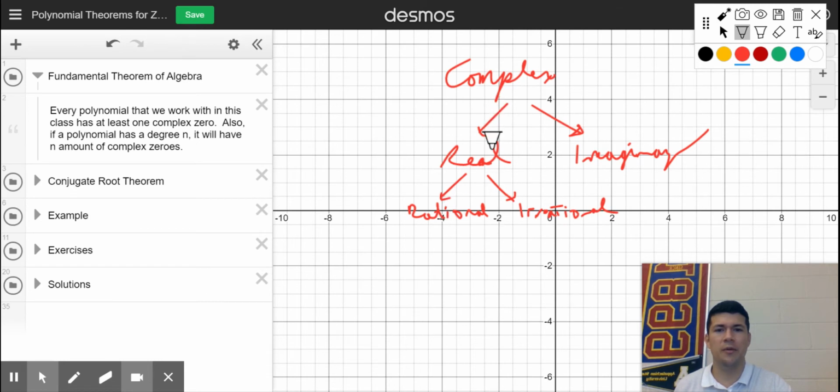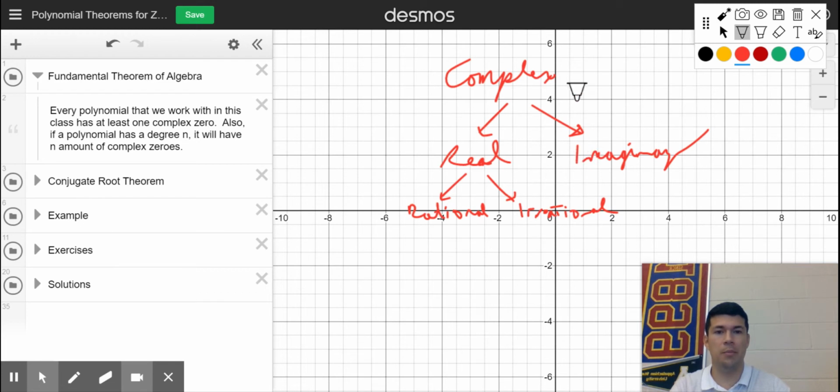But regardless, you can have a real zero, which means it crosses the x-axis. You can also have an imaginary zero, which means that there are roots to the polynomial equation, but they're not visible as x-intercepts.